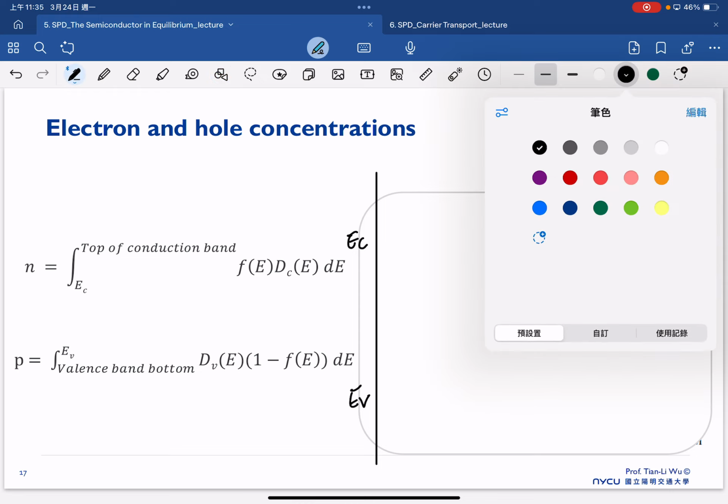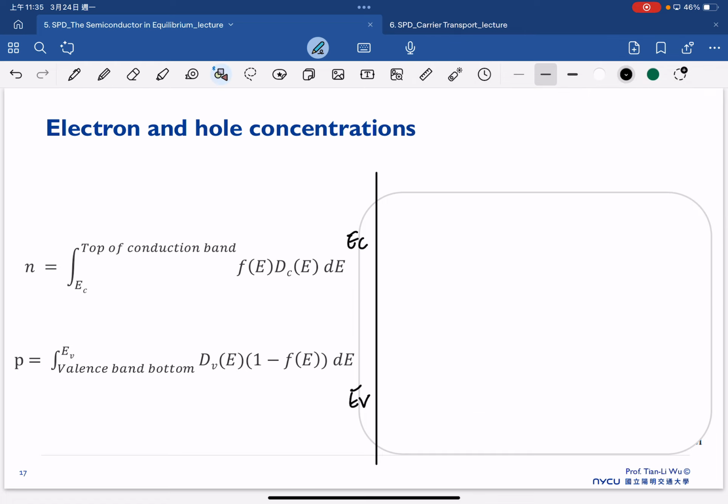So we use a conduction band here. This is the plot that we have been shown. But now we consider what if our Fermi energy is not in the middle. In the previous plot, we drew EF in the middle between EC and EV.